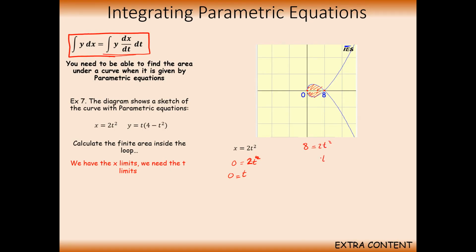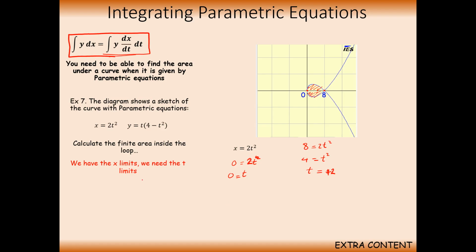Dividing everything by 2, we will have 4, and t could be positive or negative 2. Which value will we get? Okay, so x is positive. We are going to take the positive value for t.